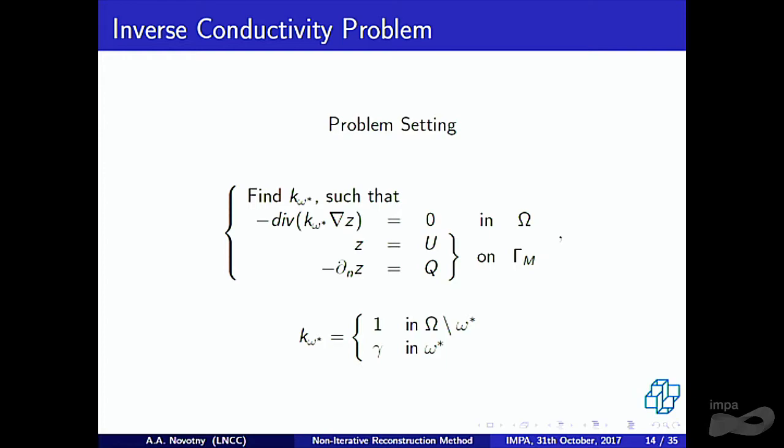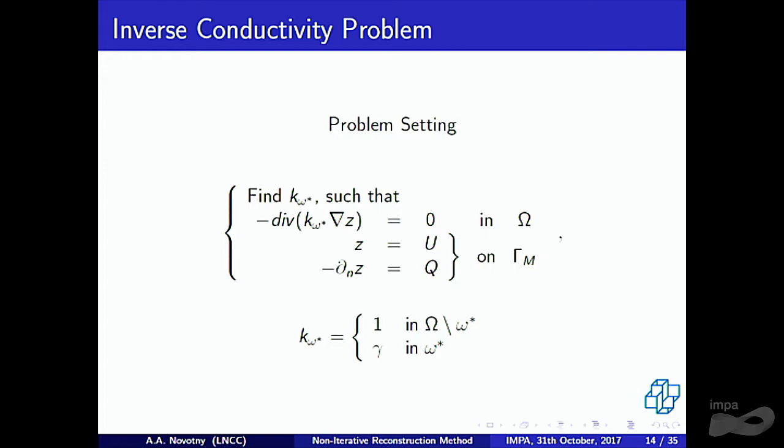And capital U and capital Q are the Cauchy data. Okay, this pair of data is known. We assume that we know. In particular, we apply electrical flux Q, and we are able to measure the answer of the body with respect to this excitation.